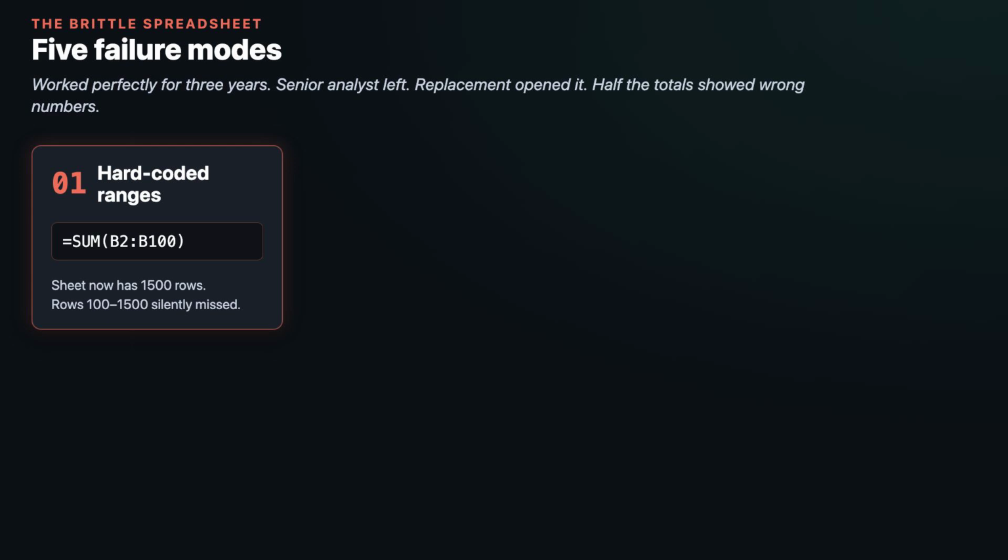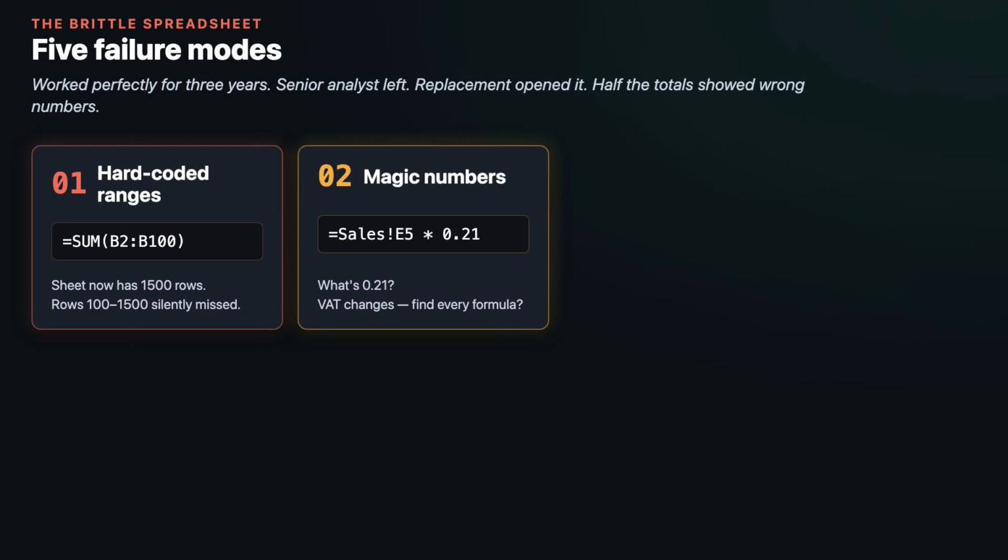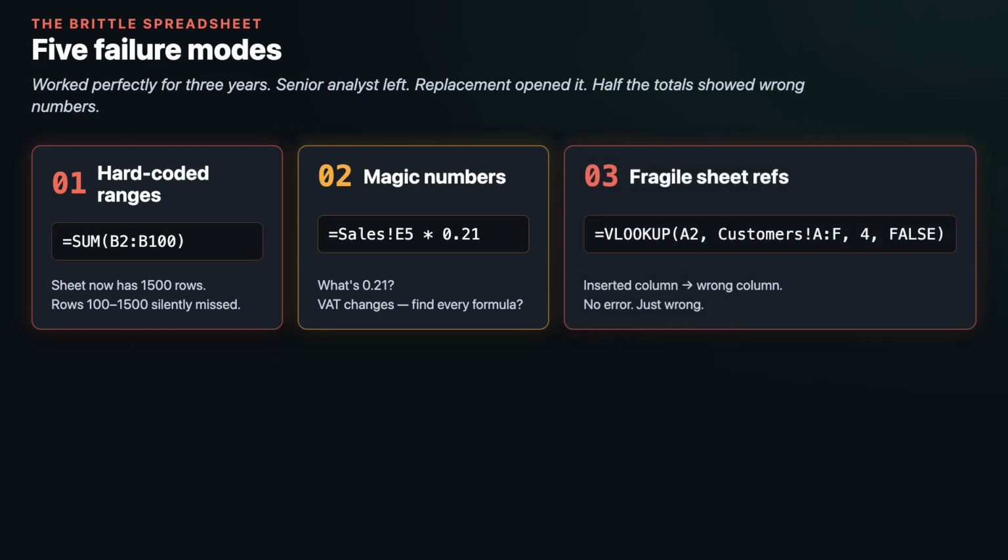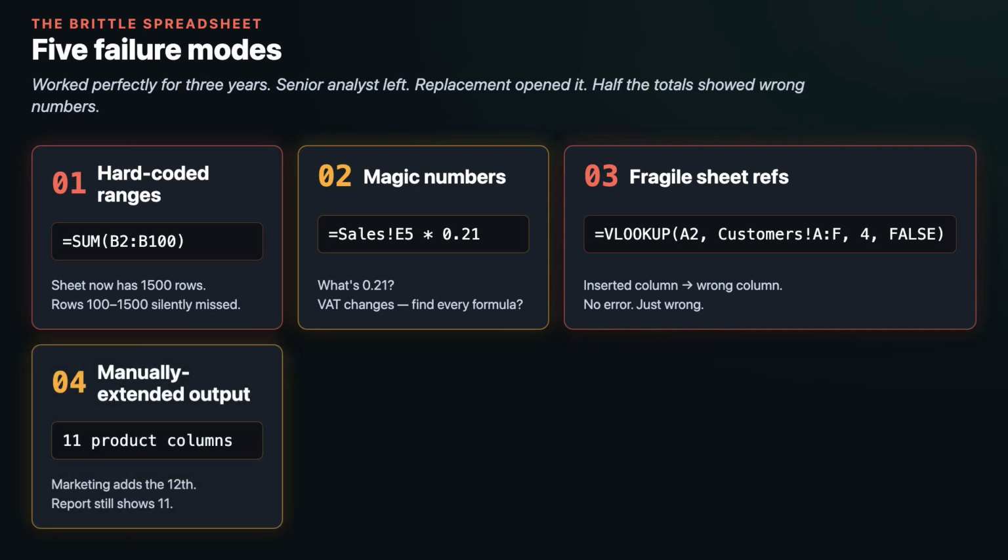First, hard-coded ranges. SUM of B2 to B100 was fine at 95 rows. Now 1500. The formula silently misses everything past row 100. Second, magic numbers. 0.21 is the VAT rate, but only one cell knows that.